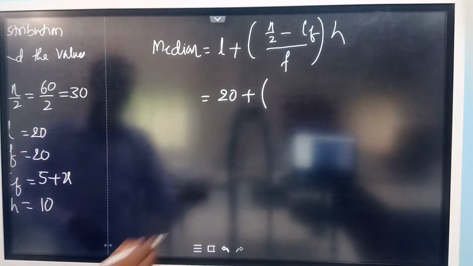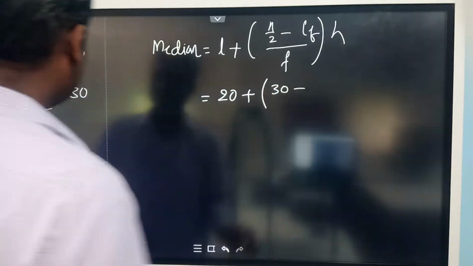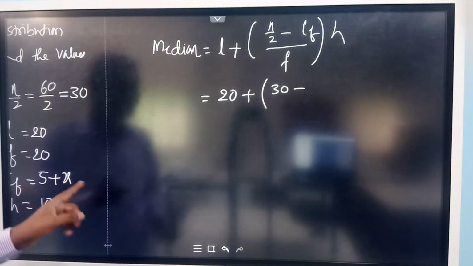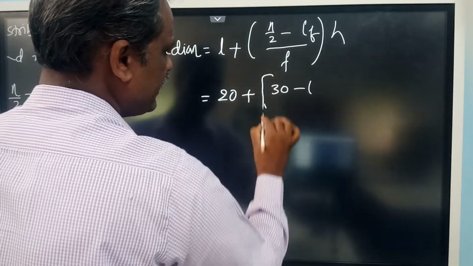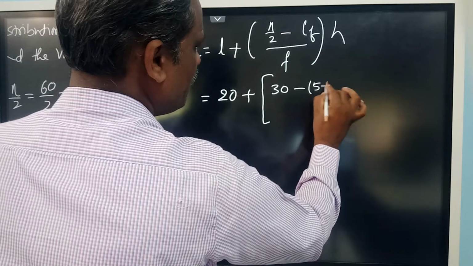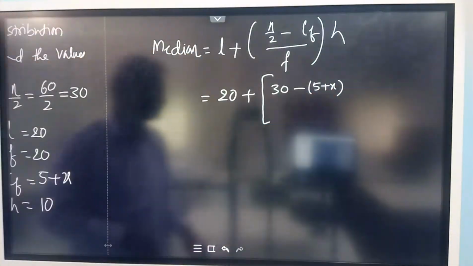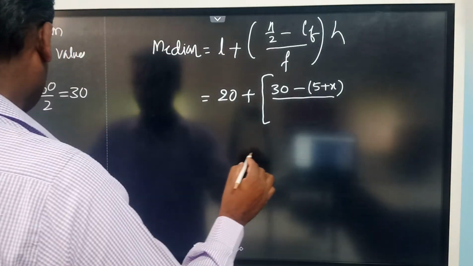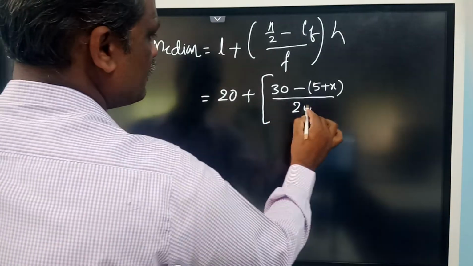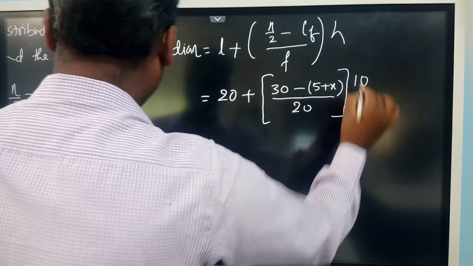N by 2 is 30, minus CF, the cumulative frequency, 5 plus x. Write it inside the bracket, because you need to multiply the minus sign inside. Then divided by F, which here is 20. The size of the class interval here is 10.